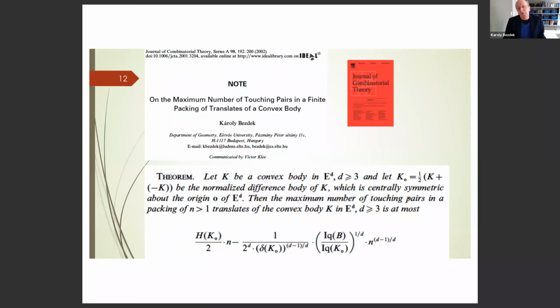And the other quantity that enters into this upper bound is delta of K0, which is the largest possible density of packings of translates of this origin symmetric convex body. This largest density one can think of simply as the fraction of space occupied by translates of K0 forming a packing in the space.